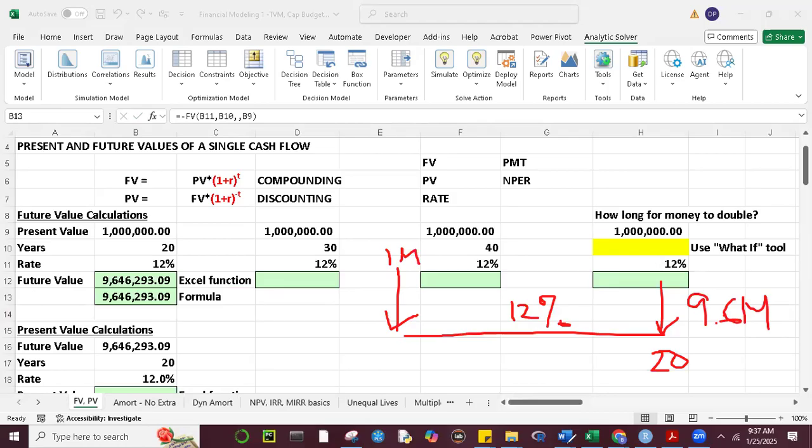Assuming all things are equal. Of course, there may be certain factors that can come into play, but assuming that all things are constant, 1 million today is the same as 9.6 million after 20 years, assuming a rate of 12%. So we are indifferent to whatever the option will be. Doesn't matter.